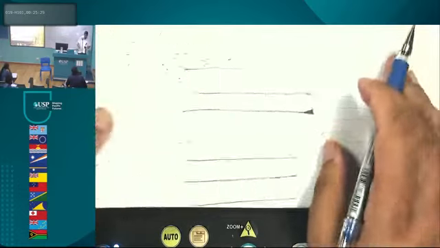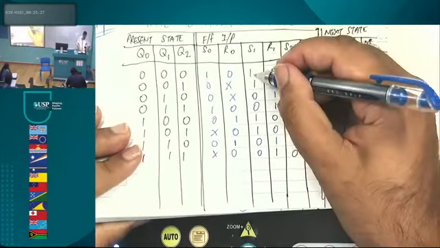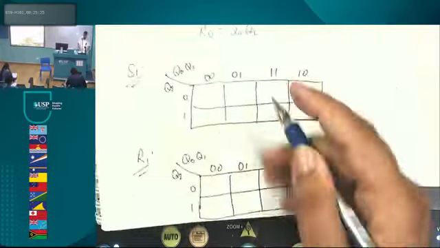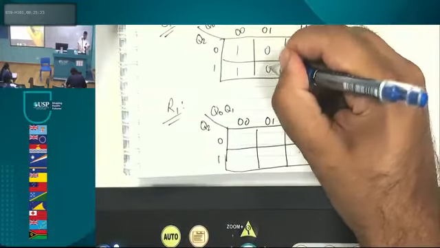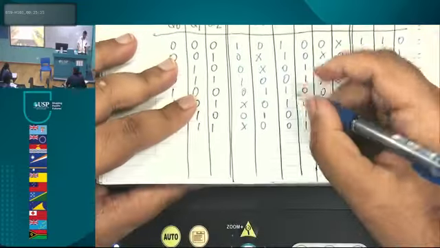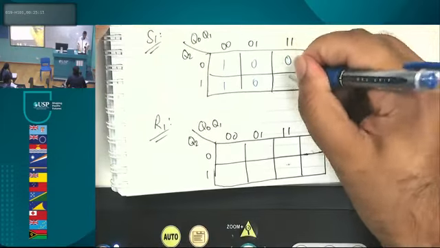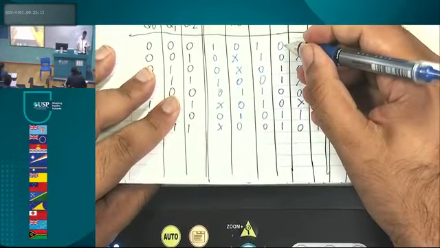Let's fill it up. 1, 1, 0, 0. 1, 1, 0, 0. Let's do the other one as well. R1: 0, 0, 1, 1, 0, 0, 1, 1.